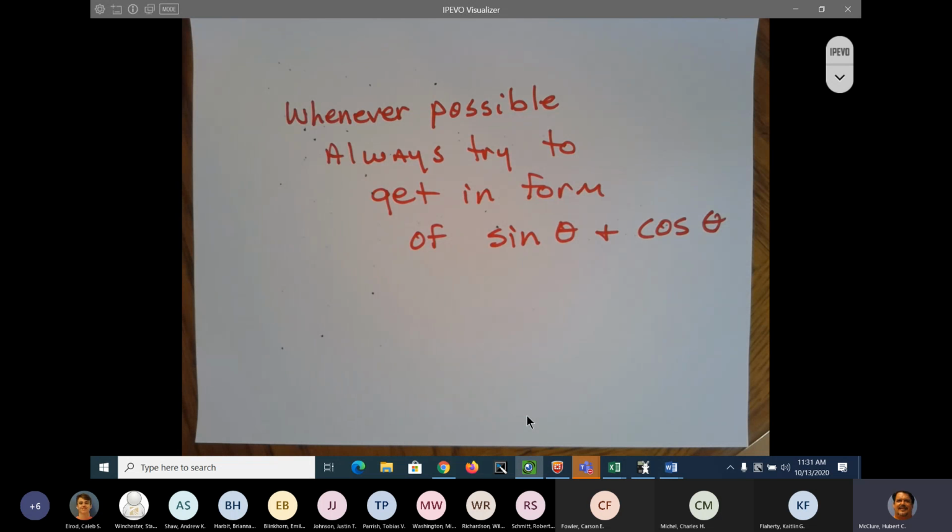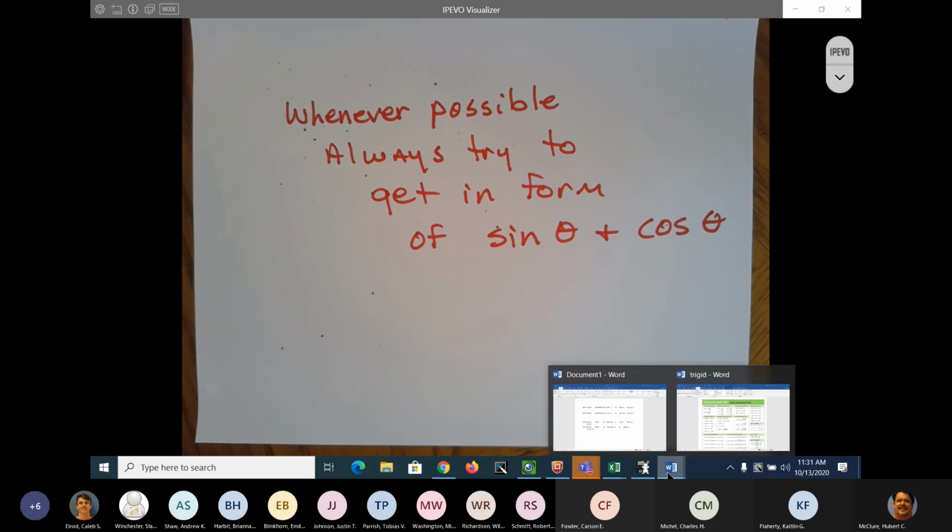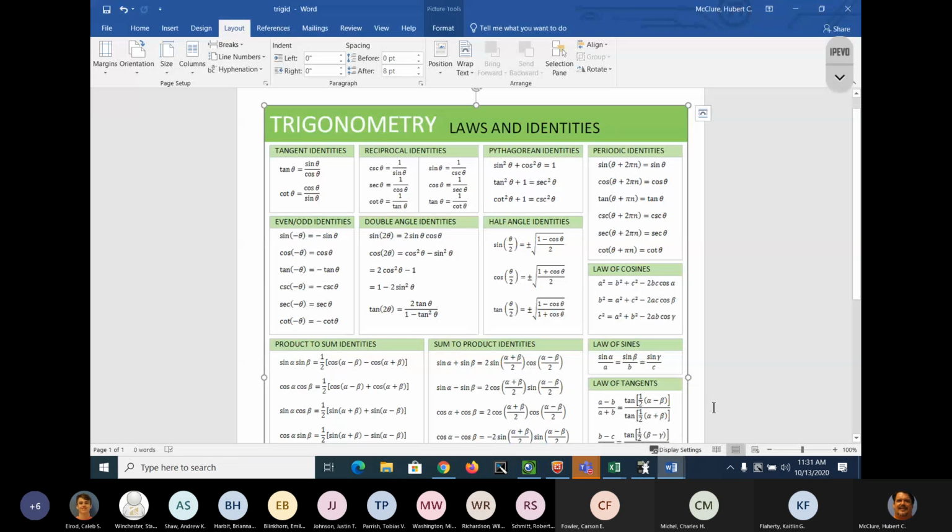Now, why is that? The reason is because of these 3 identities right here, the tangent identities, and the reciprocal identities. As you can see, the tangent identities are written in terms of sine and cosine. And if you can get something written in terms of sine and cosine, you might be able to change it into tangent and cotangent.